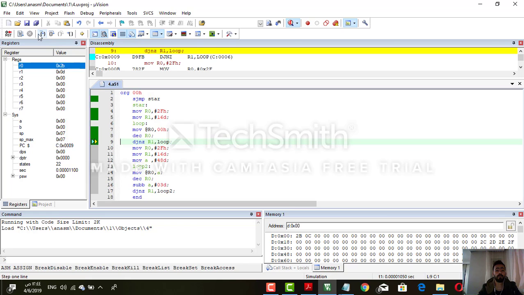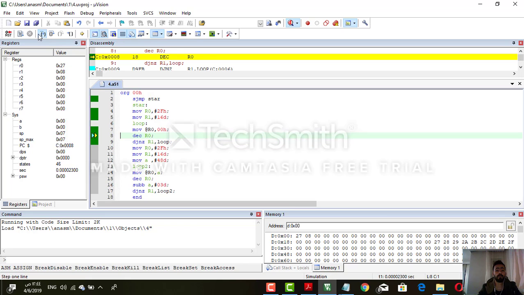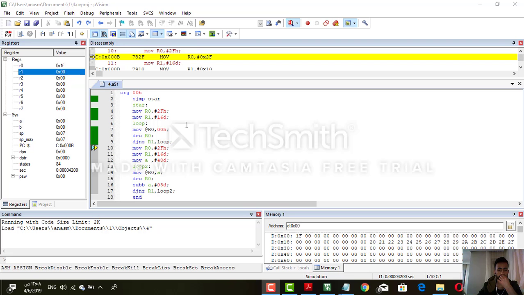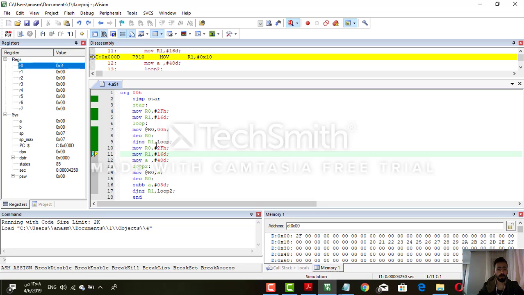So when we move to another loop, firstly we have to write the value again.